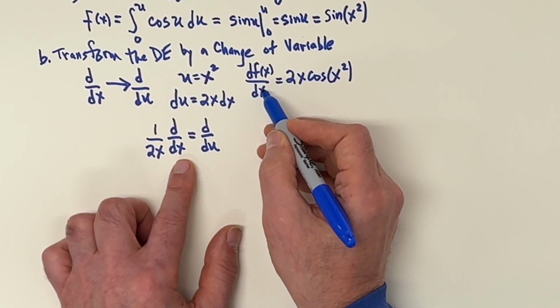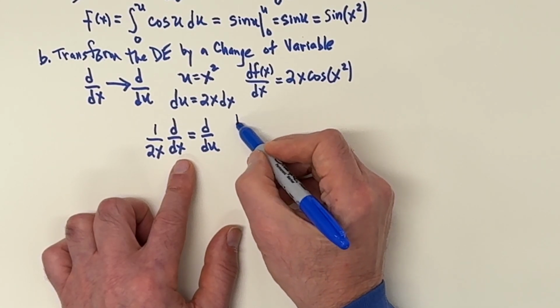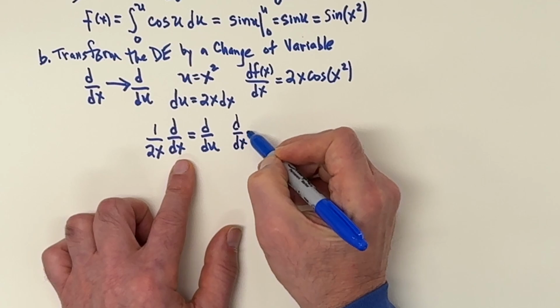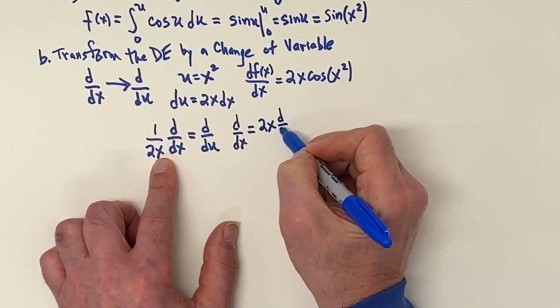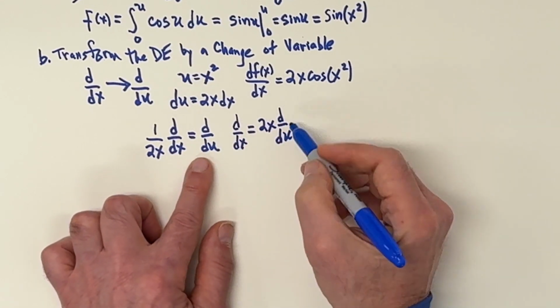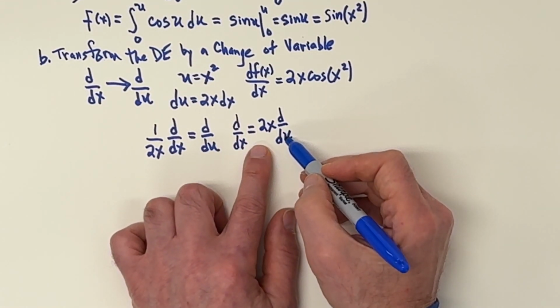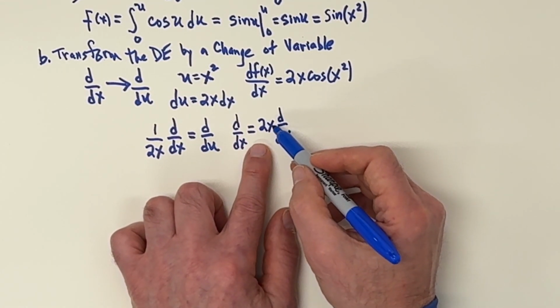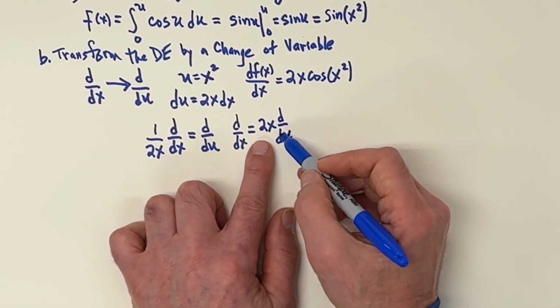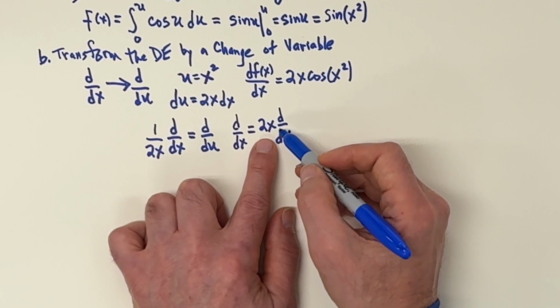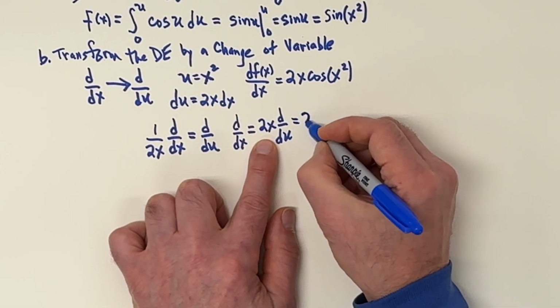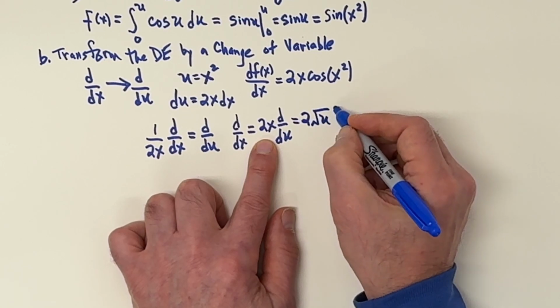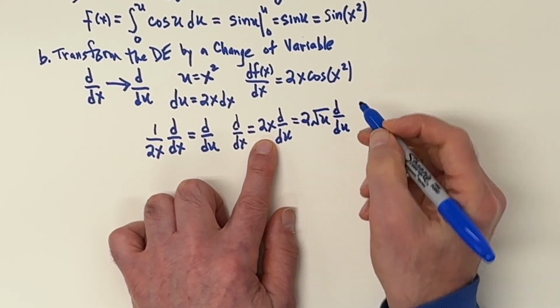So I'm trying to get rid of this d dx, so that means d dx is equal to 2x d du. I brought the 2x on the right-hand side of the equation. But here I still have x, so I would like to have everything in terms of u. But u is x squared, so x is the square root of u. So this is 2 times the square root of u du.